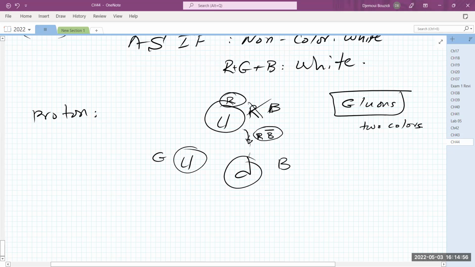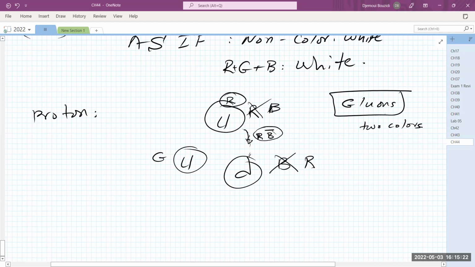And it's going to exchange it with this quark. Now this quark receives an anti-blue, which combines with its blue and cancels its blue, but also receives a red. So it becomes red. So these two have exchanged colors and now are staying together. So that's how the interaction is explained via the gluon.